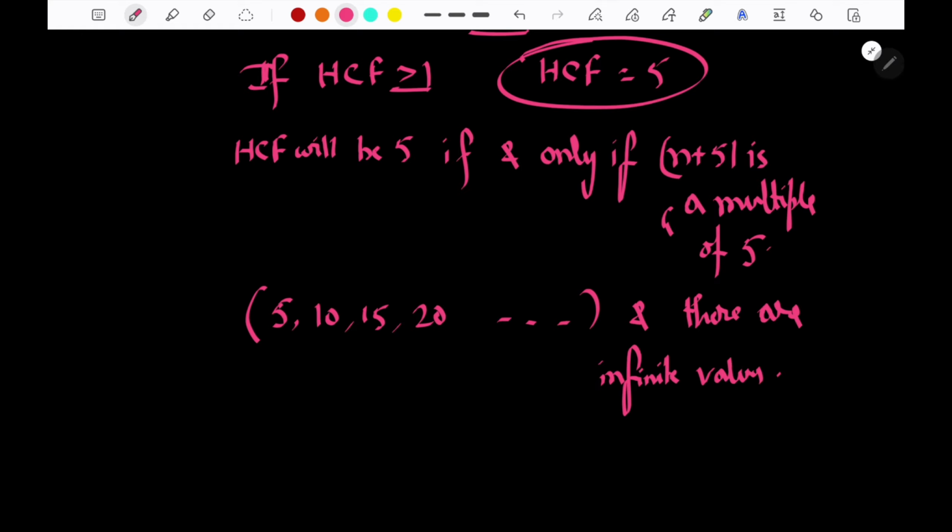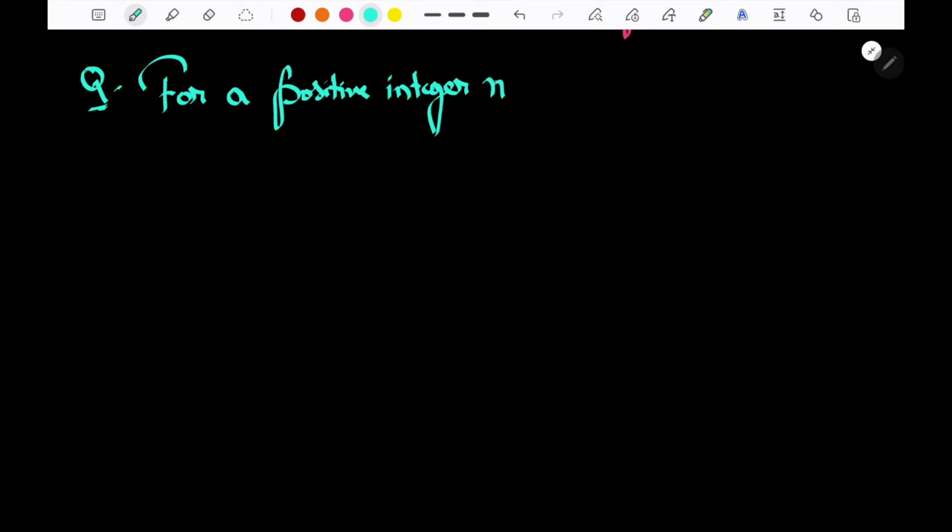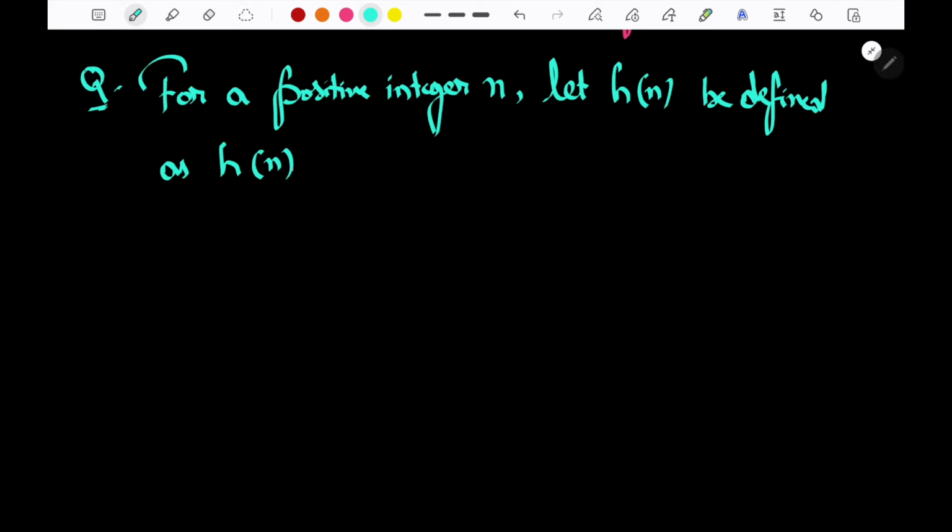Okay? Next question, again a bit of a standard one. It says, for a positive integer n, let h of n be defined as h of n is equal to HCF of n comma 42.